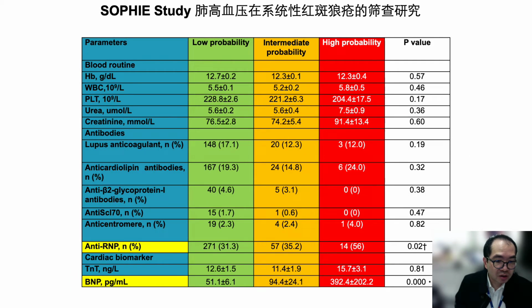And for the rheumatology part, we found that the presence of anti-RNP antibody is also a major determinant or marker to suggest this patient may have underlying undiagnosed pulmonary hypertension. And obviously, patients with high probability of pulmonary hypertension have a higher BNP level.